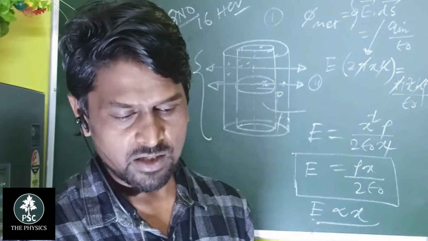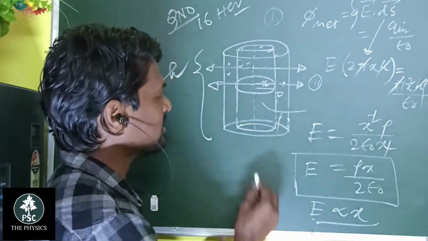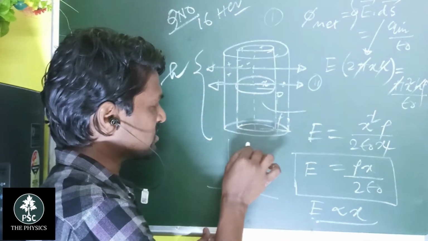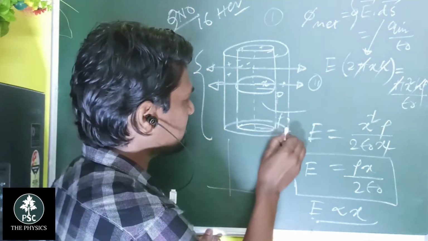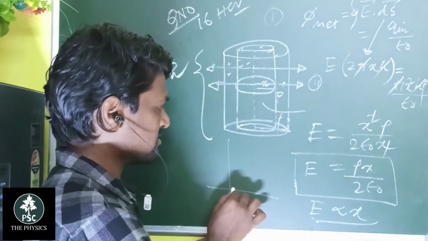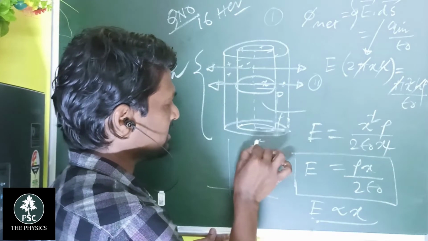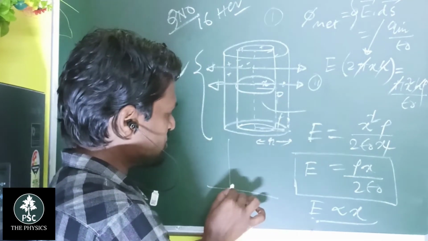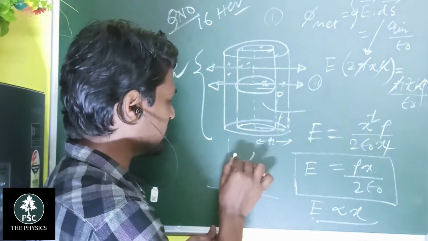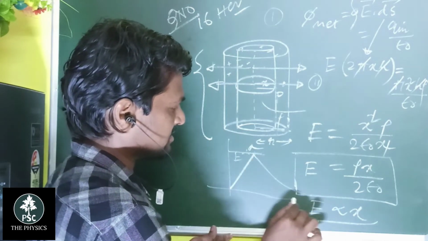If we want to draw electric field versus distance, there is a linear relationship, directly proportional. So the electric field increases from 0 up to r. If this is r, then up to r the electric field is proportional to x, and this is the maximum value, and then it decreases.